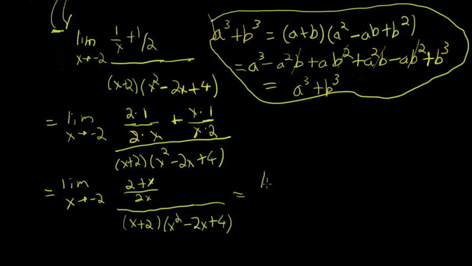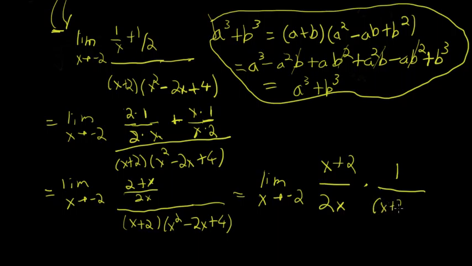Okay, so this is the same thing as the limit as x tends to -2 of, I'll just write this 2 plus x as x plus 2, over 2x. And remember, dividing is the same thing as multiplying by the reciprocal. So this is the same thing as multiplying by 1 over x plus 2 times x squared minus 2x plus 4.